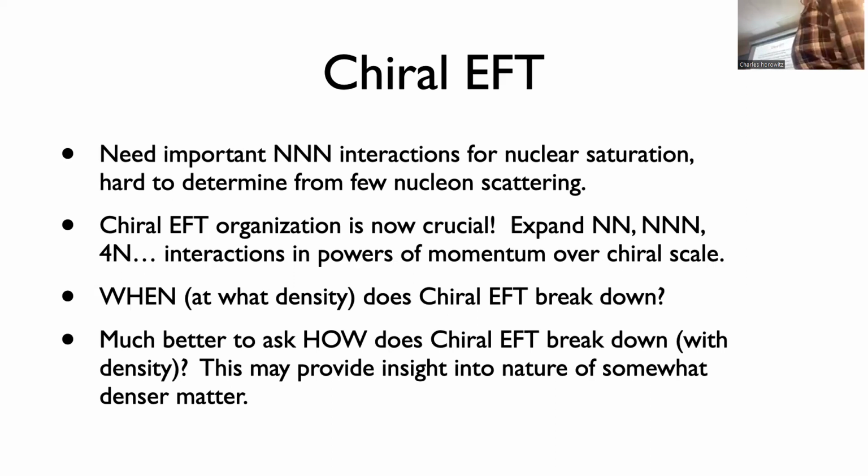But the 3 nucleon force looks a lot different in general. So there were important ambiguities in the 3 nucleon force, and you couldn't figure out those ambiguities by looking at the binding energy of light nuclei or scattering data.